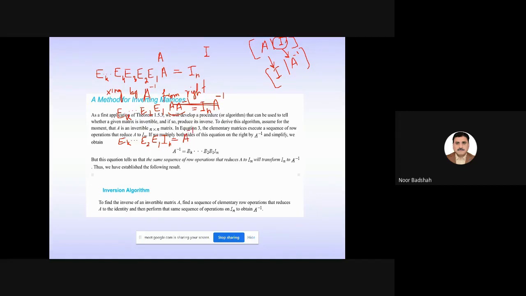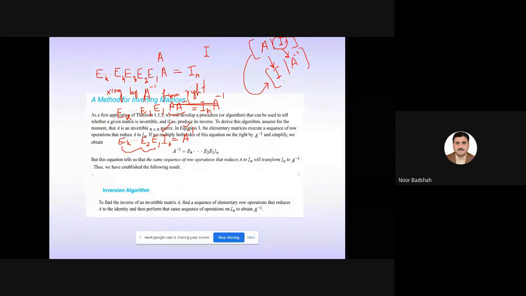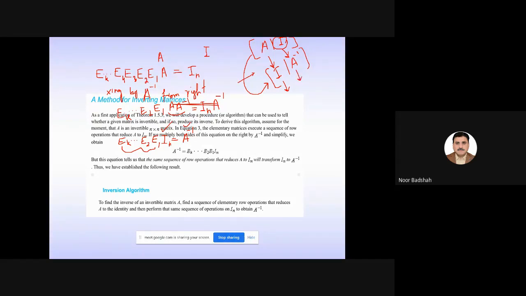So you see that we apply the same operations which we applied on matrix A to get identity. If we apply the same elementary operations on identity matrix, you will get A inverse. So that's why I claimed earlier that if you convert this augmented matrix into a reduced echelon form, the first part will become obviously identity because the matrix is non-singular, and the second part, which is the identity, by applying the same operation, it will give you A inverse, and it is because of this one.